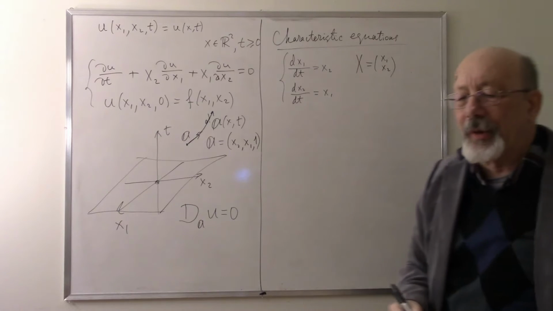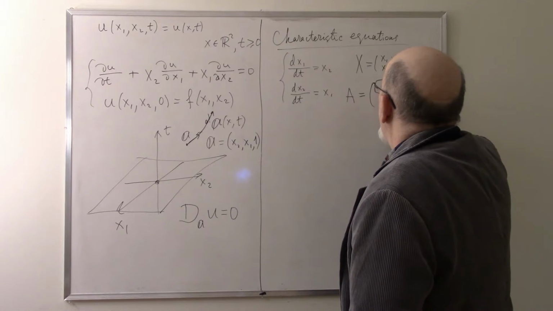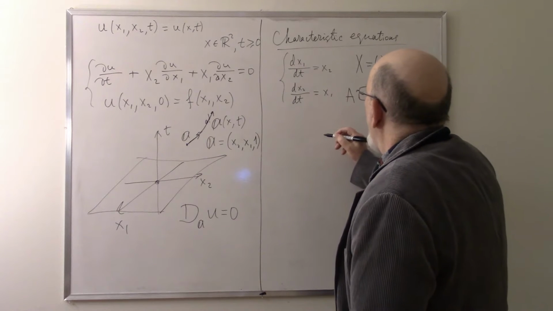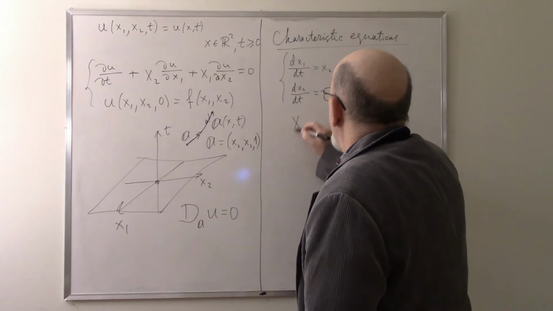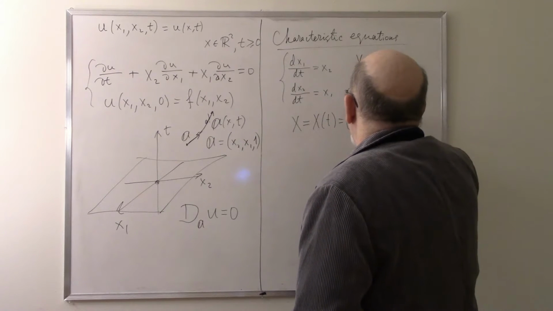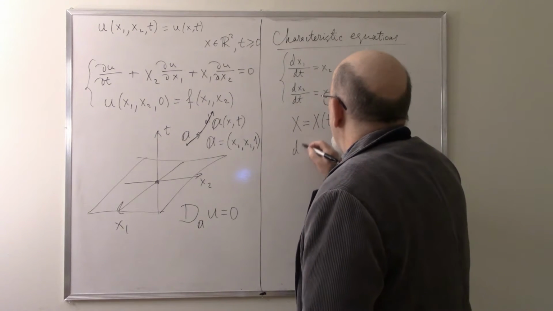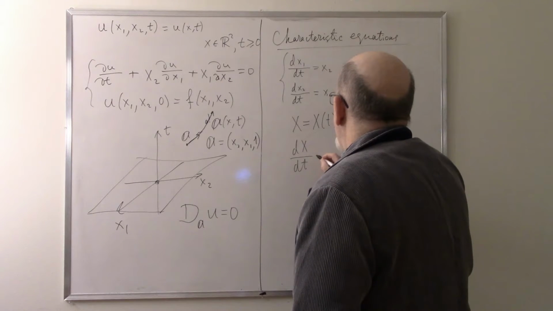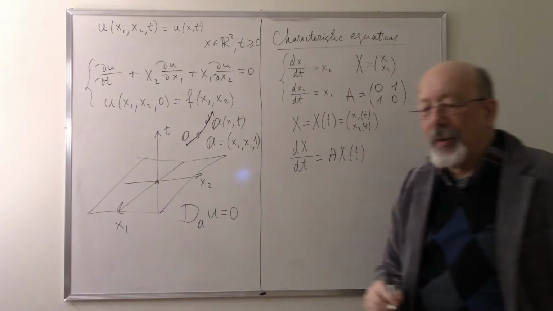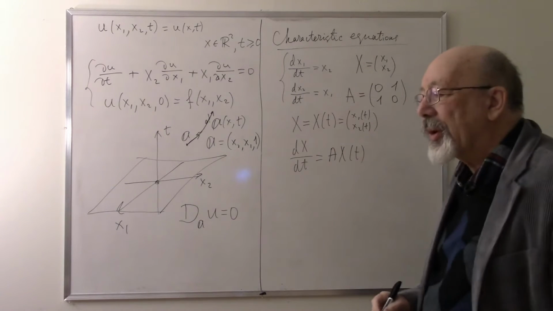Use vectors and matrices. Matrix A equals 0, 1, 1, 0. And x equals x of t equals x1 of t, x2 of t, and dx/dt equals A times x of t. Yes, I think you remember all this from the course of ordinary differential equations.